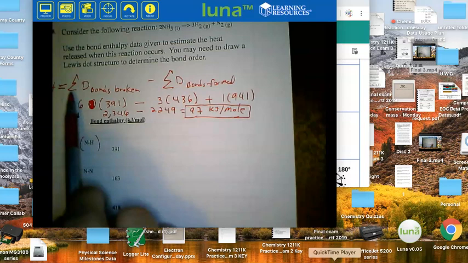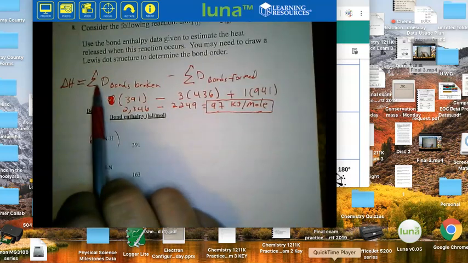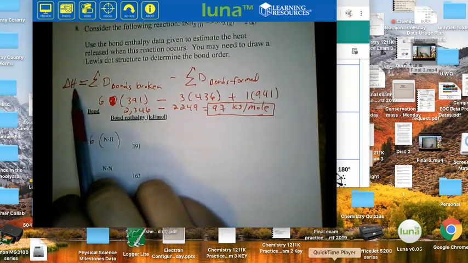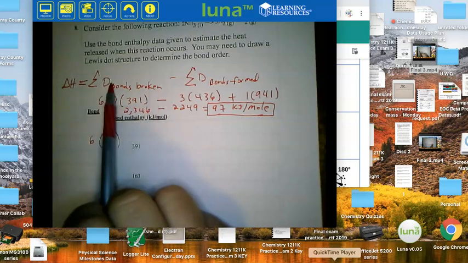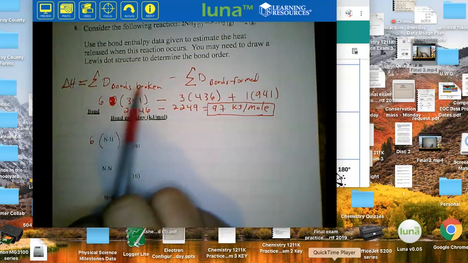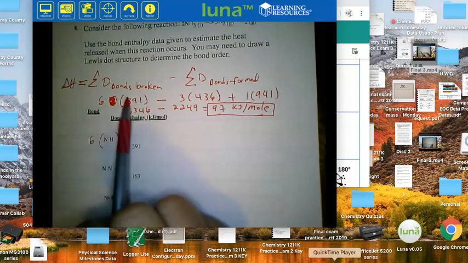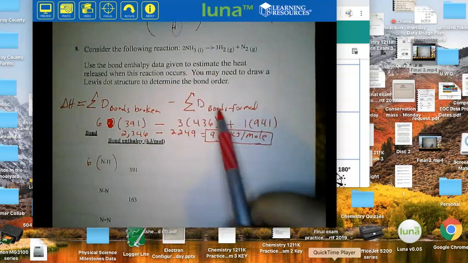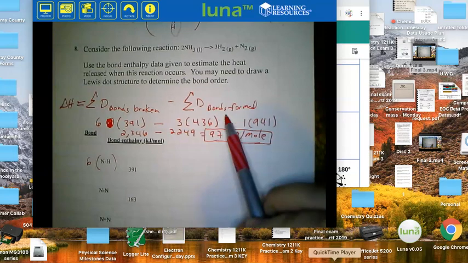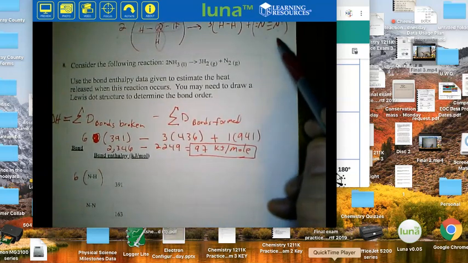So here's the formula to find the enthalpy. Bond enthalpy is going to be equal to the summation of the bond enthalpies for the bonds broken, for all the reactants. Here there's just one reactant, ammonia. So it comes up to that number, minus the summation of the bond enthalpy for the bonds formed, for the products.